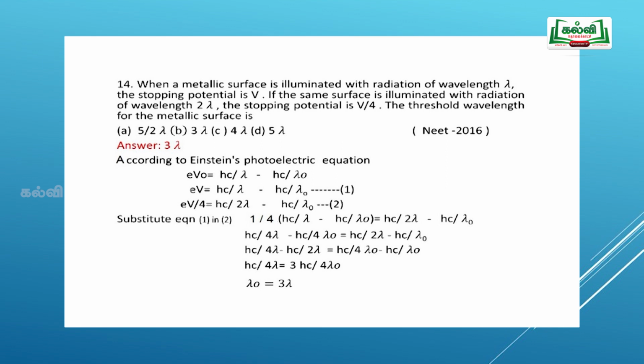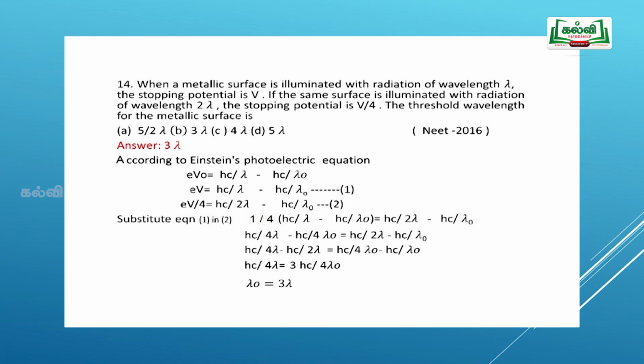According to Einstein's photoelectric equation, eV naught is equal to hc by lambda minus hc by lambda naught. Data given in this is, for a wavelength of lambda, the stopping potential is V. When the wavelength becomes 2 lambda, the stopping potential is V by 4. So we write the two equations based on these two cases. The first case, for V naught we write V, so eV equals hc by lambda minus hc by lambda naught, which is your first equation.